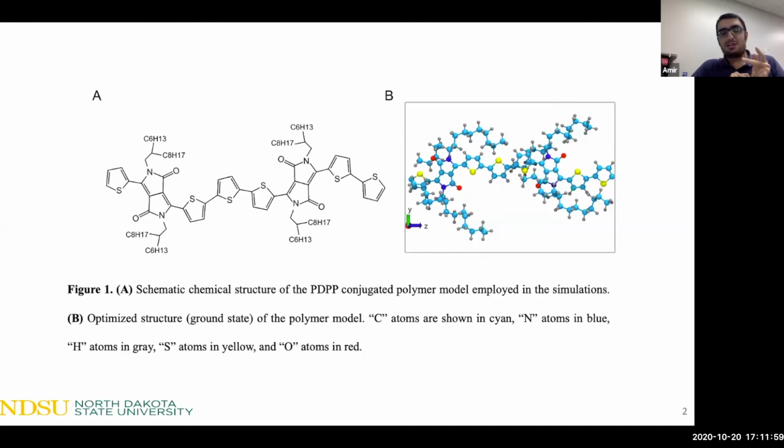If HSE06 provides very good prediction, why do we use the PBE functional? Maybe exploring the excited state with HSE06 is very time consuming and computationally very expensive. So we just take a look through the ground state and the band gap calculation and absorption spectrum with HSE06.